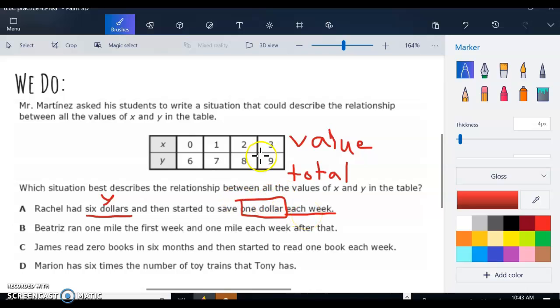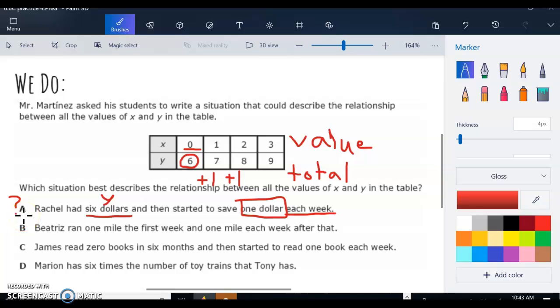She starts out at 6, and 0 is going to be the starting point. She saves $1 each week, so we're going to add $1 each time 1 week goes by. So plus 1, that's 7. This situation appears to be okay, so let's put a question mark by this. And let's go to answer choice B.